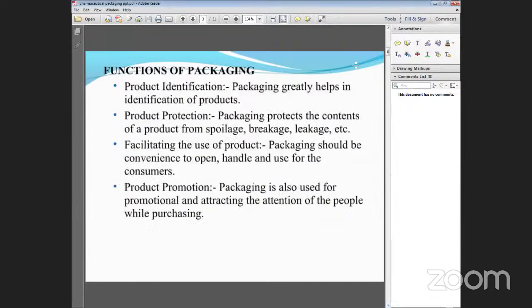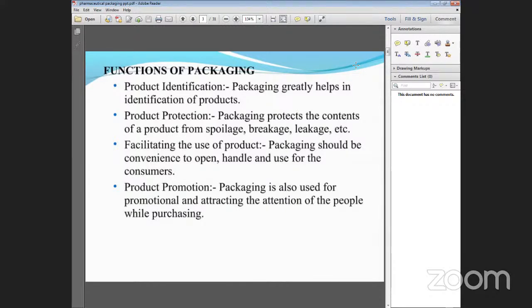Next, we move on to the functions of packaging. Product identification. First, we need to have a brief idea on product identification. Packaging greatly helps in identification of product. Suppose, take an example, you are preparing a chocolate, a mango flavored chocolate or any flavored chocolate.